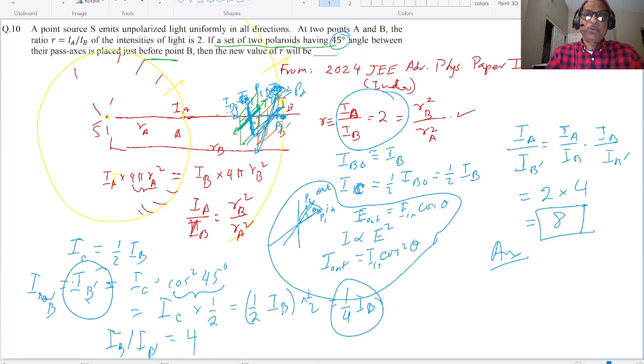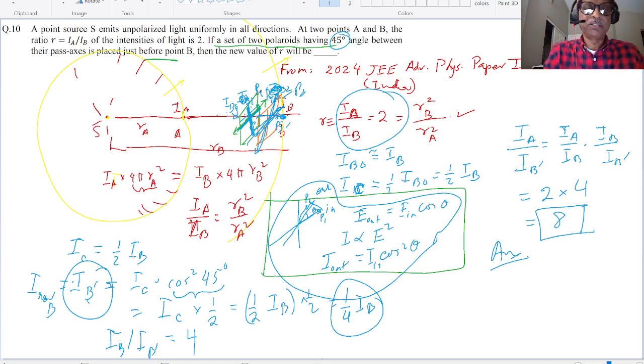Okay, so having solved this problem, I always like to go back and see what were a couple of things that happened. I would reiterate that when you have a polarizer and analyzer, this P1 here is called the polarizer, because before this the light is unpolarized. Let me pause and erase some of this.